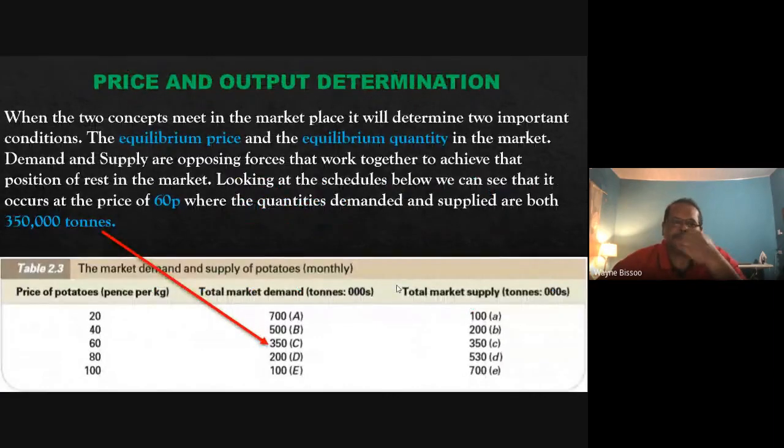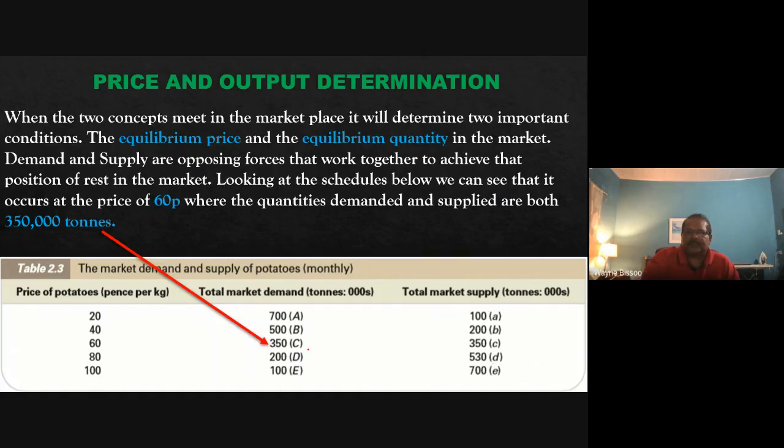All right, so equilibrium is a situation that we're going to be looking at now, where equilibrium positions in the market determine prices and output levels. The equilibrium price determines the price and the equilibrium quantity. In the market, you have this demand schedule and this supply schedule.